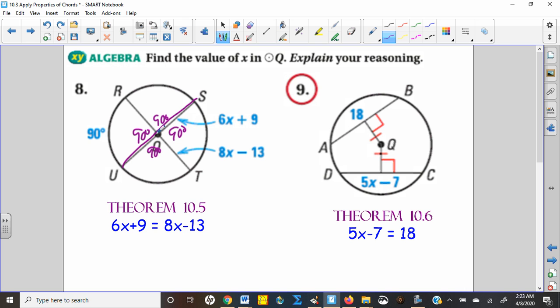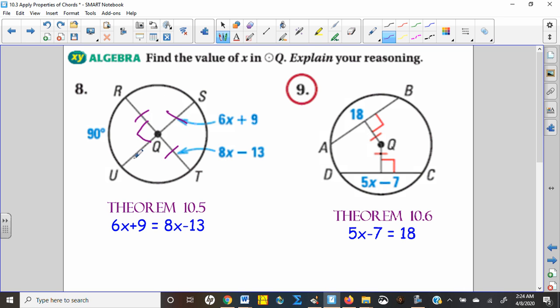And so if those are diameters, then these guys are all radii. And we know that every radius in a circle is congruent to every other radius. That's one reason that you could set those equal to each other. However, they were probably going for something a little more simple. These are diameters, but they're also chords, and they are perpendicular to each other. And diameters that are perpendicular to chords bisect the chords.